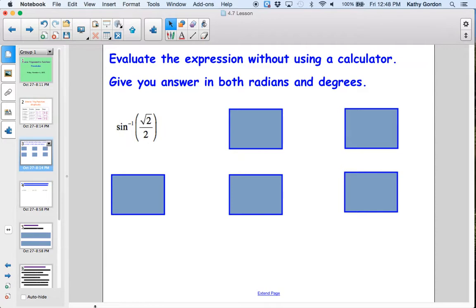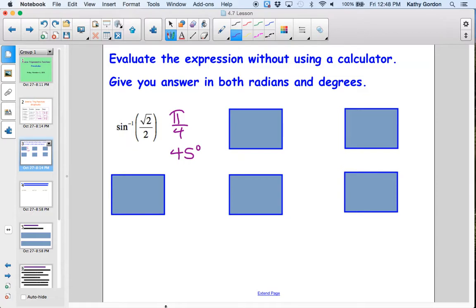So which quadrant would a positive square root of 2 over 2 be in? The first quadrant. So that means I can just use positive angles. So it's going to be a positive pi over 4 as the radians, and a positive 45 degrees as the degrees.